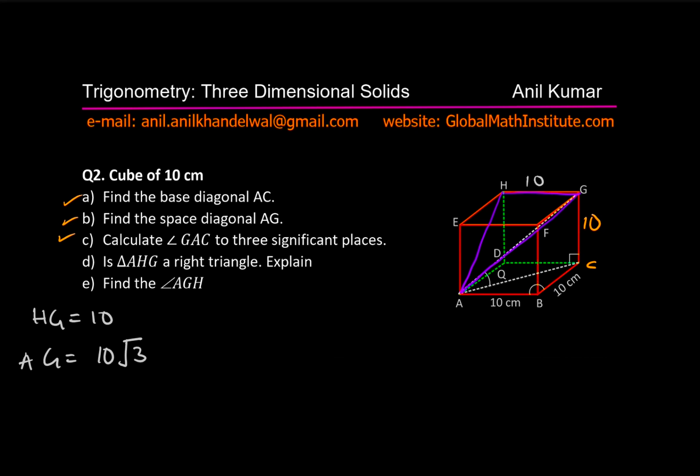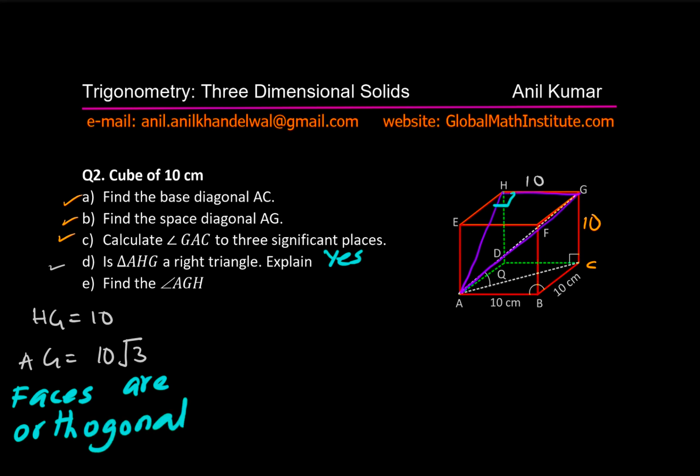Now the first part of this question is, is this triangle a right triangle? Well, clearly, we have two faces which are at right angles, so it is a right triangle. So the answer is yes, and the reason is that these two faces are orthogonal.